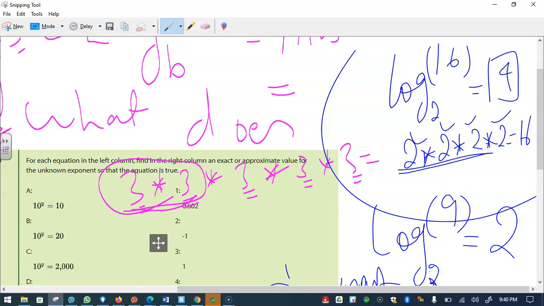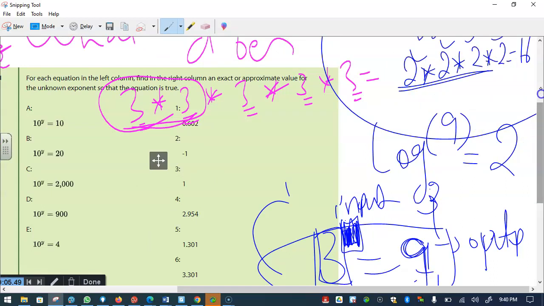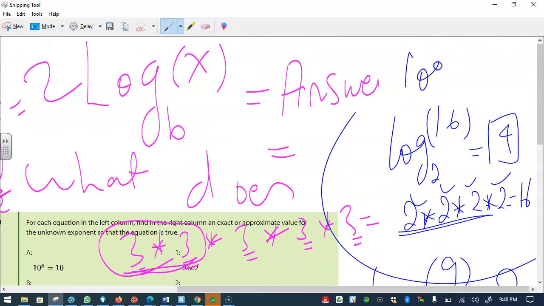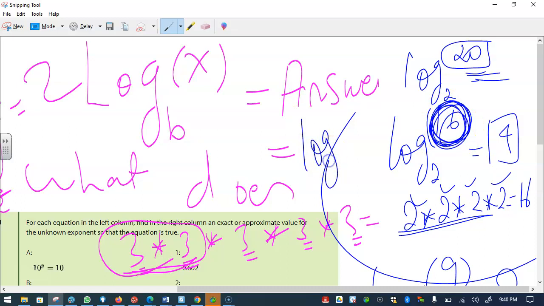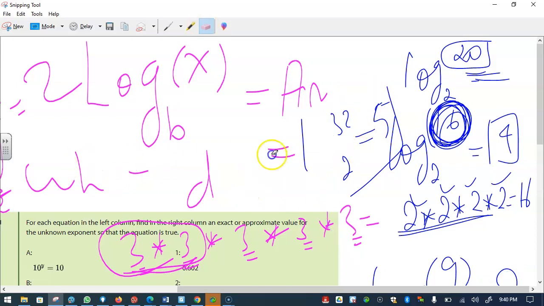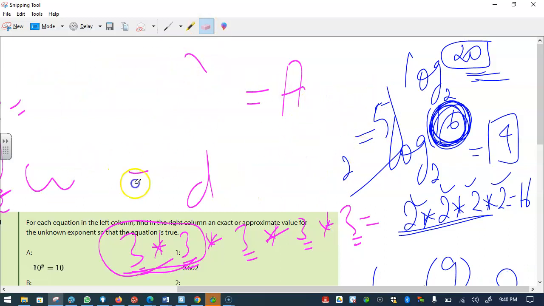You just write 4. But if they ask us something in between, let's say logarithm of 20 to the base 2, we don't know this. But at least we know that 2 raised to the 4 is 16 and 2 raised to the 5 is 32.